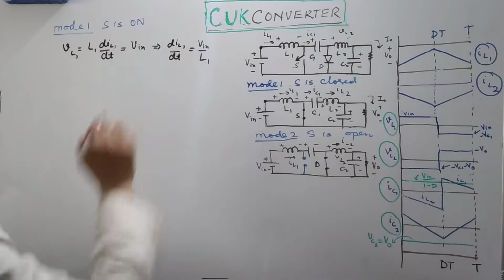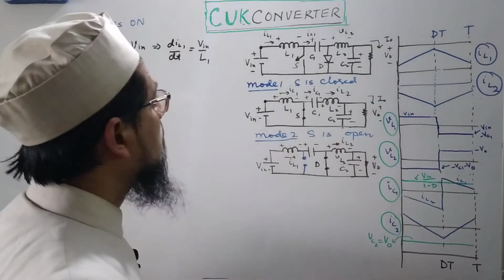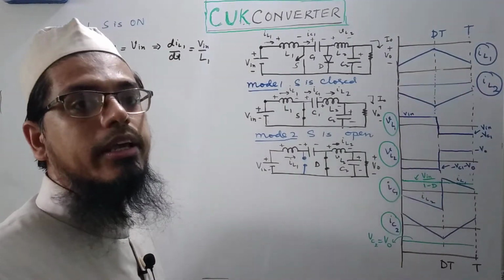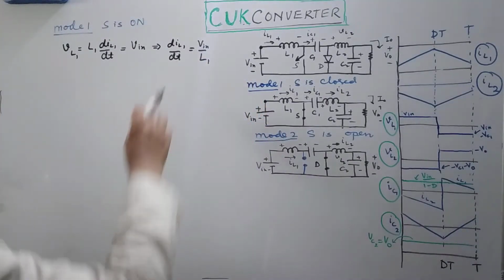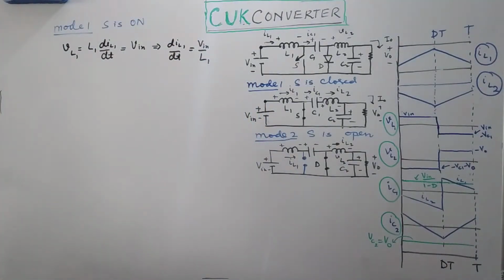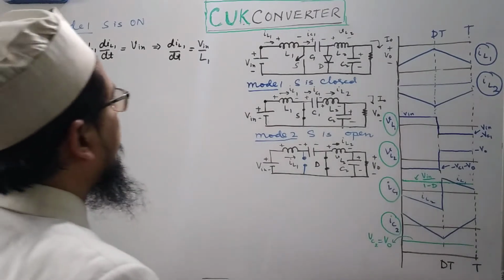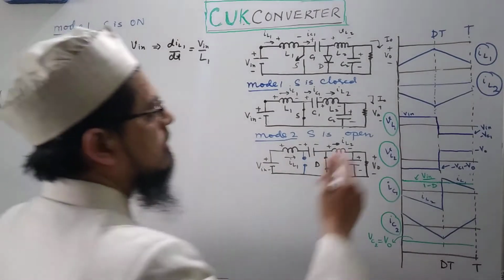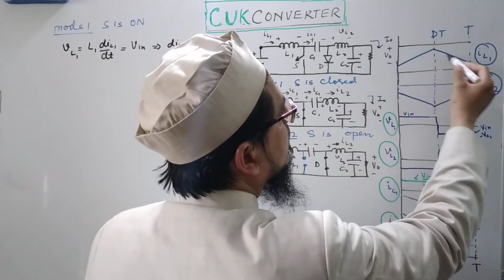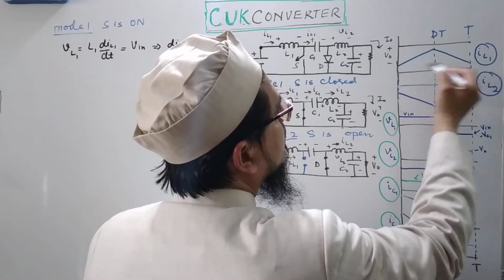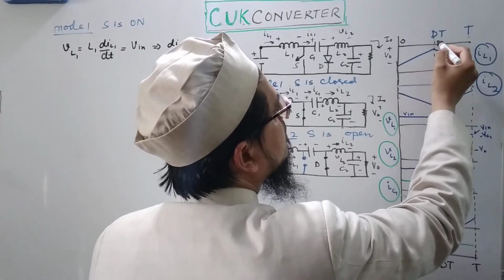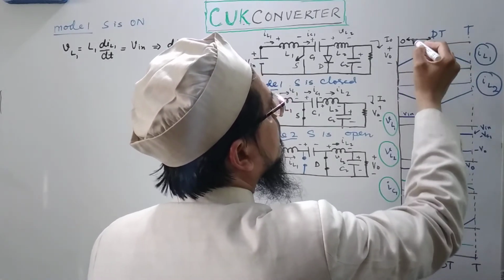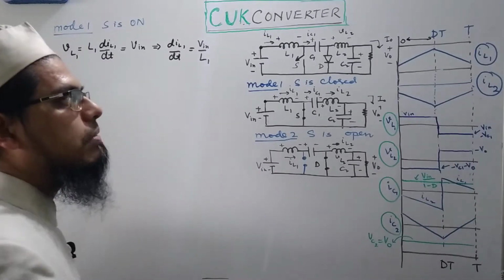So the current flowing through L1 in mode 1 is linearly increasing, since Vin is positive and L1 is positive. I have shown it here: this is IL1, and from 0 to the instant dT, the current through the inductor L1 is linearly increasing.